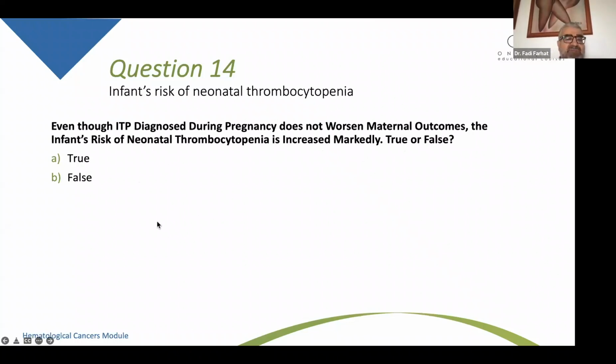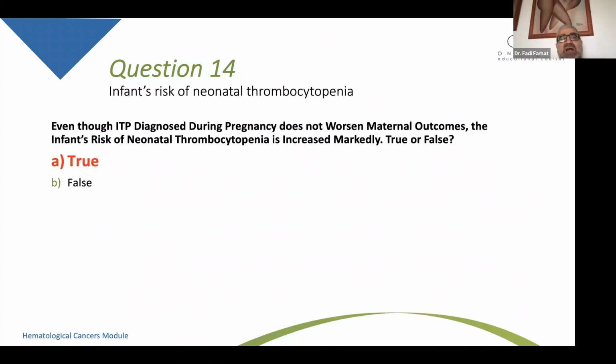True or false? The trick here is in markedly. Okay, the majority voted for true, and it's true.